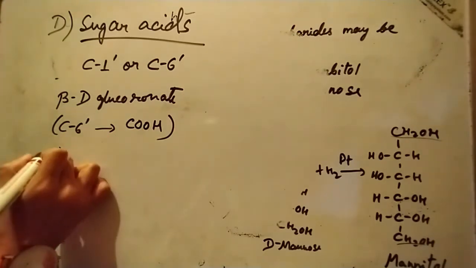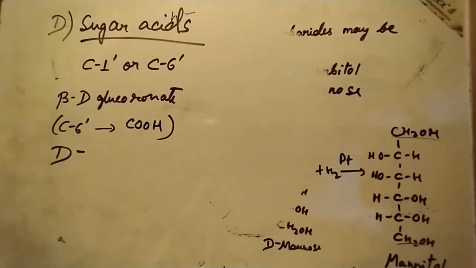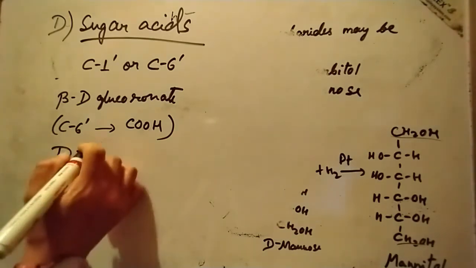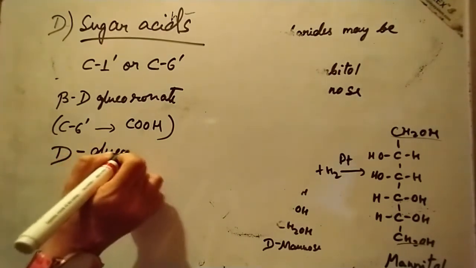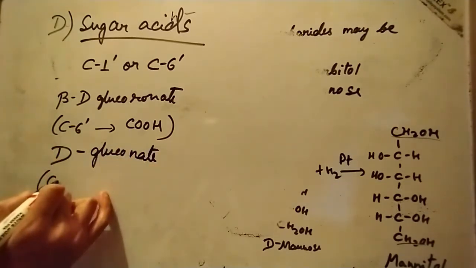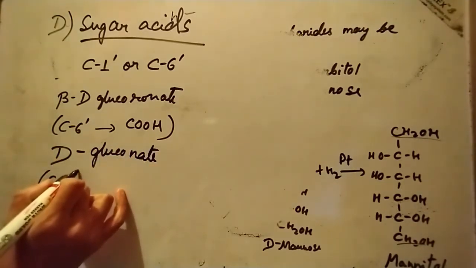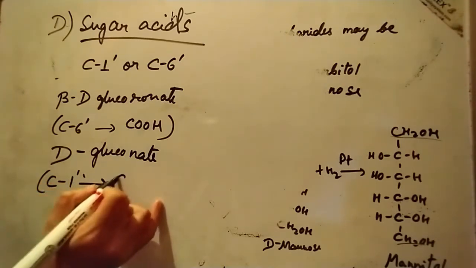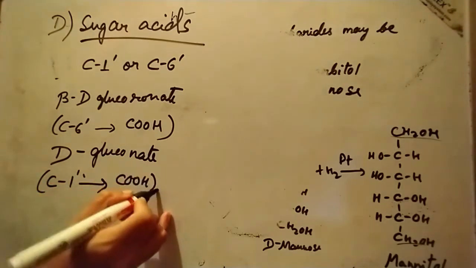And another example is D-gluconate. Here the aldehyde group at carbon number 1 gets oxidized to carboxylic acid.